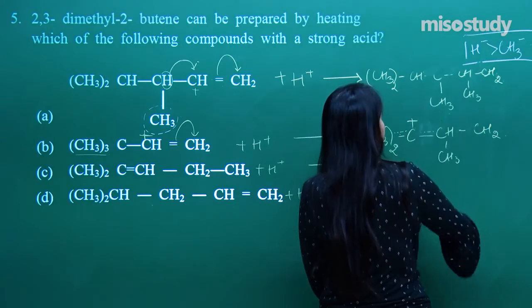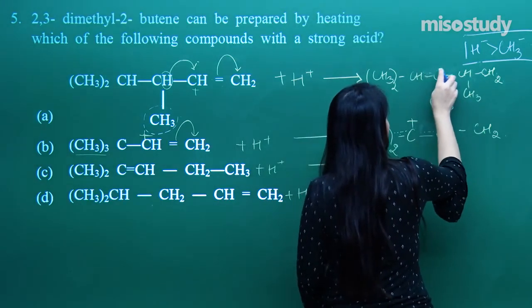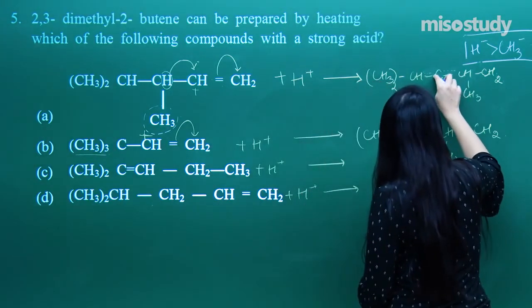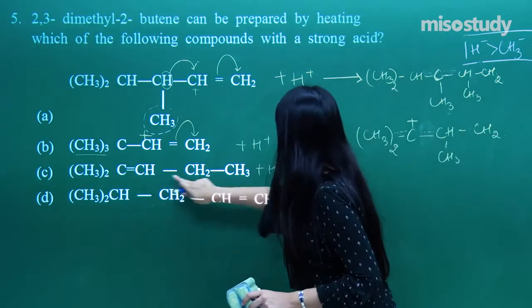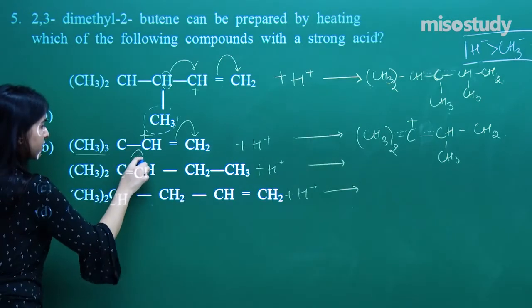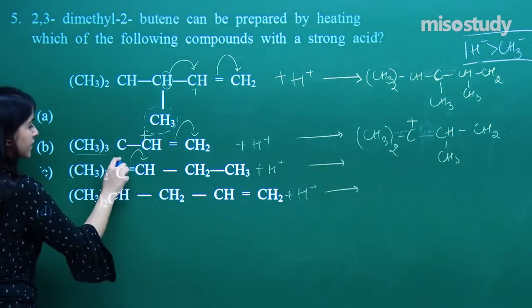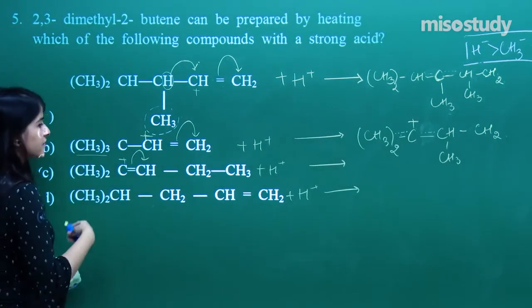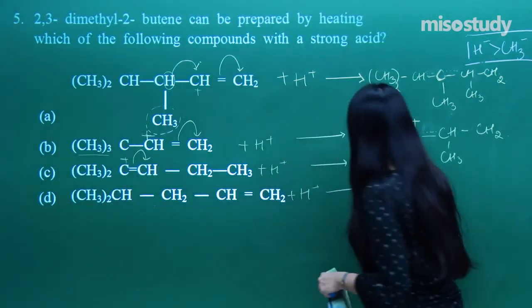So let us just quickly have the answers for the remaining two. Over here, what do you see? Again, I will be shifting it towards this side, because here I will be having a tertiary carbocation. Again, the double bonds will be somewhere like this.